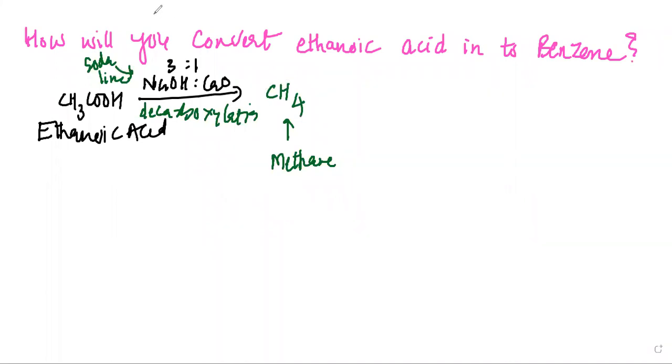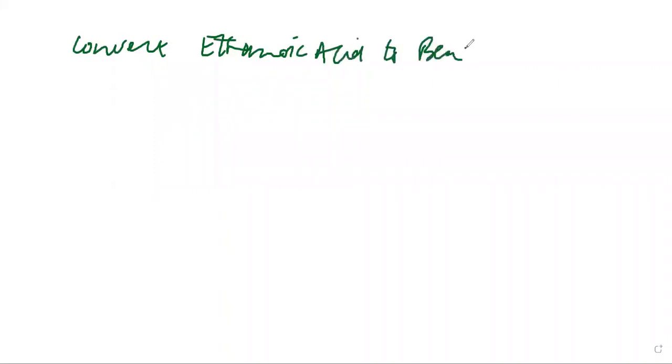Let me do some improvement, my dear students. We want to convert ethanoic acid to benzene. So first we need to take ethanoic acid and allow it to react with sodium hydroxide.